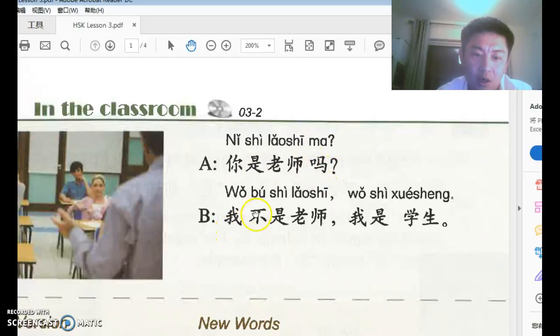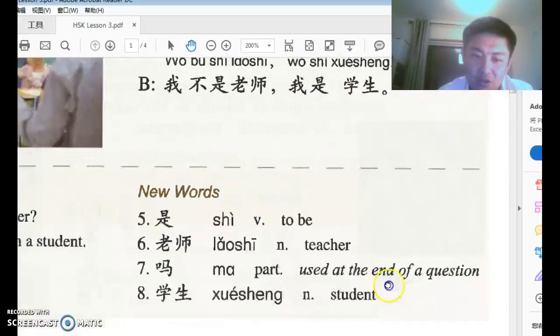B says 我不是老师. 不 is put before a verb to negate it, to say don't or am not. So I not is. You always put 不 before a verb to mean negative. 我是学生. I am a student.